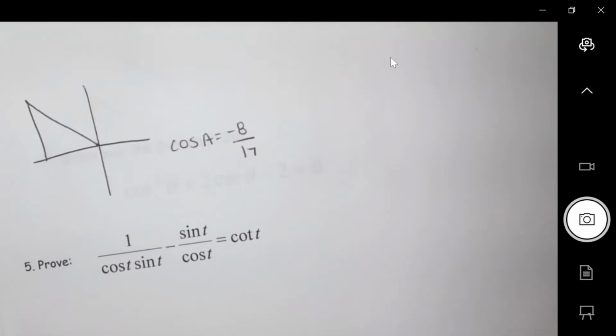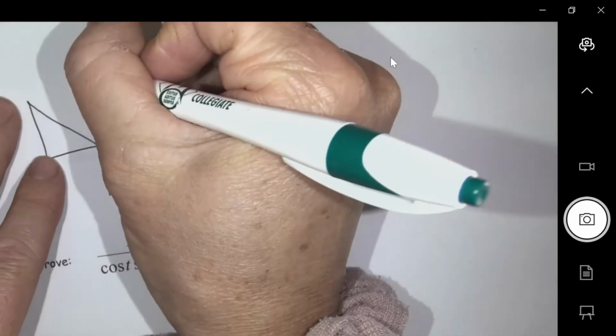Okay, so I'm going to draw stuff for A. Can you put that on the triangle somewhere? Where does the negative 8 go? Where does the 17 go?